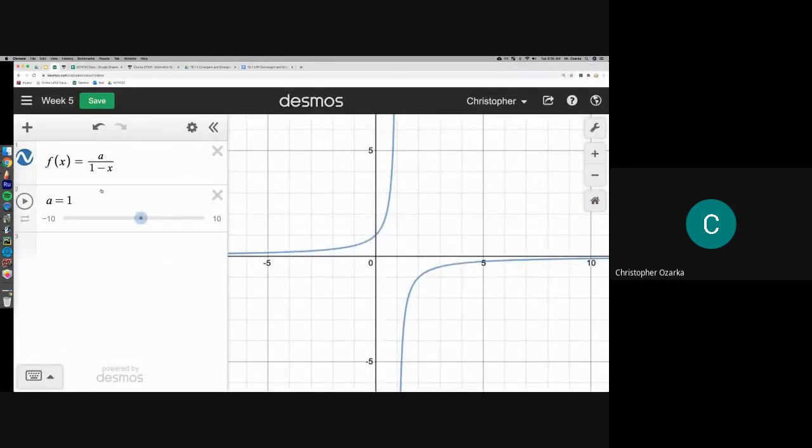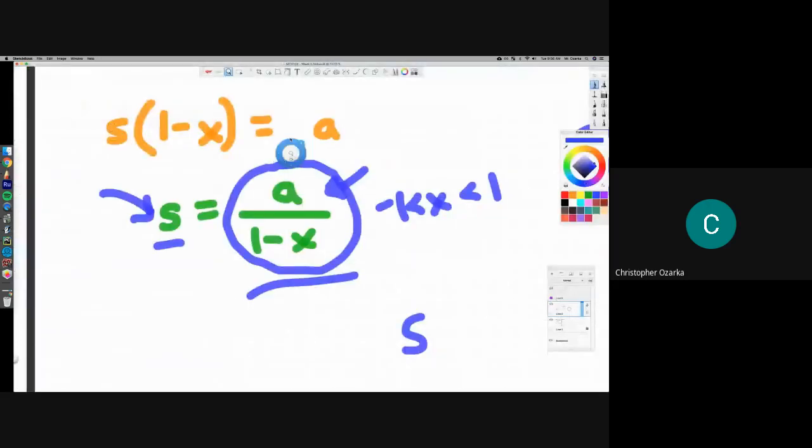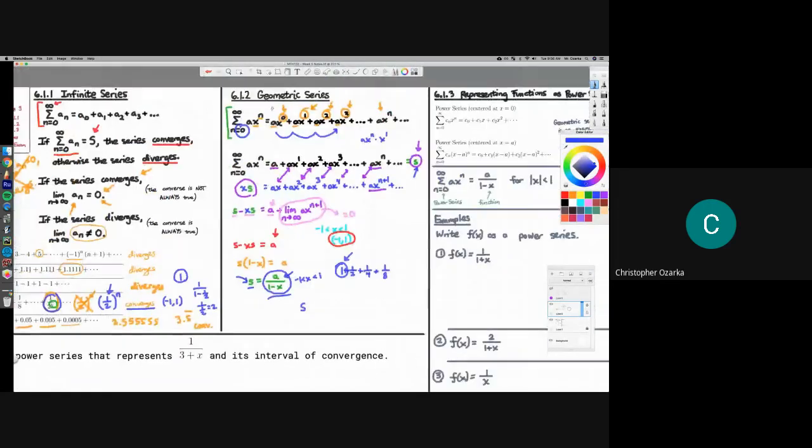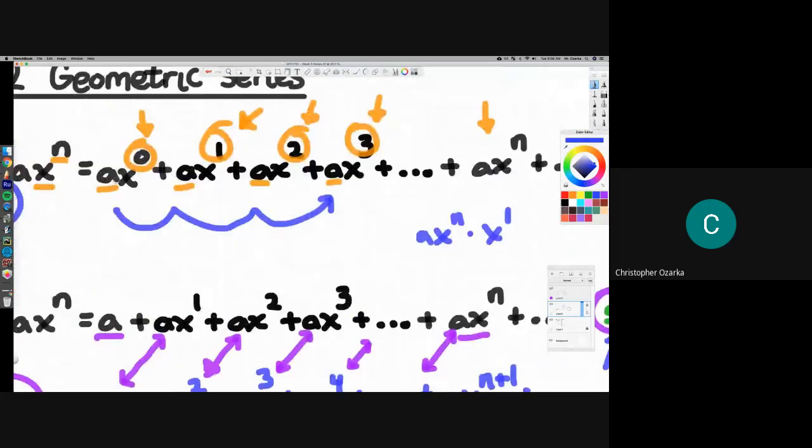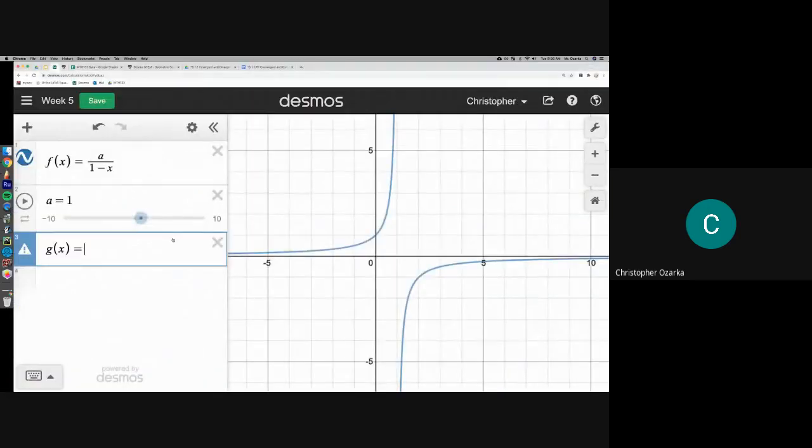Now, technically speaking, that f of x should be equal to function g of x, where it is this up here: ax to the 0 plus ax to the 1 plus ax squared. So I'm going to write that in there.